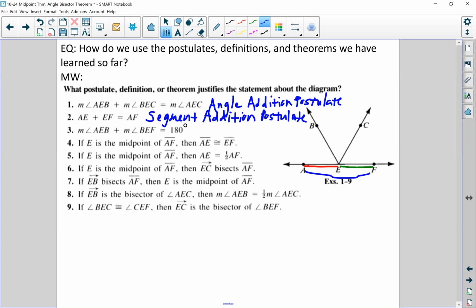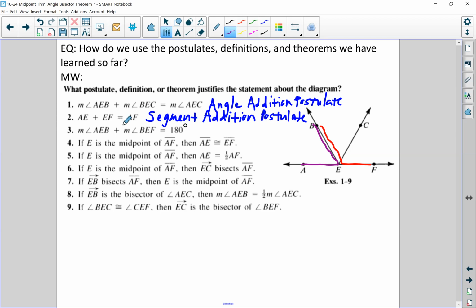All right, great. So let's put the next one. In number 3, they said the measure of AEB, which is this angle in purple, plus BEF, which is this angle in red, is equal to 180 degrees. When you have two angles that add up to 180 degrees, the best reason for that is a definition.